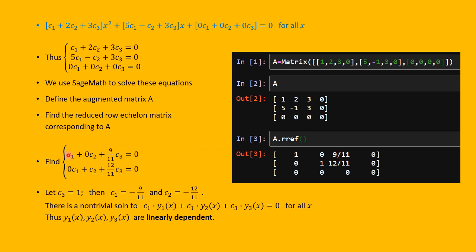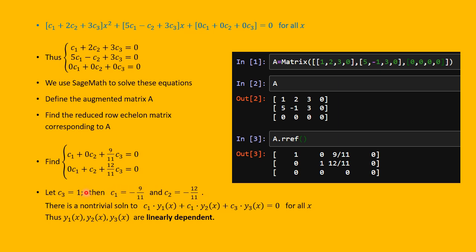And so what we can do here is set c3 equal to some number. I think I'll set c3 equal to 1, and then I'll solve for c1 from this equation, solve for c2 from this equation. So c1 is minus 9/11ths and c2 is minus 12/11ths.